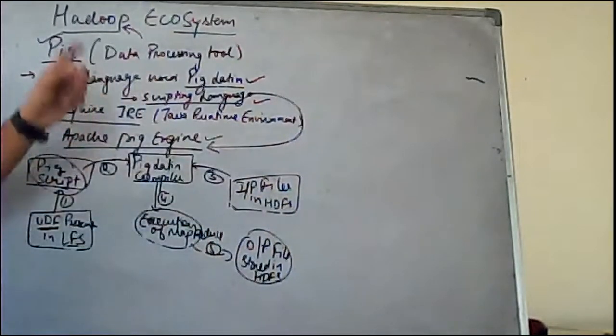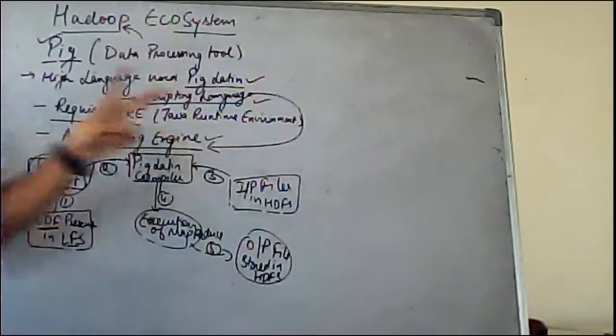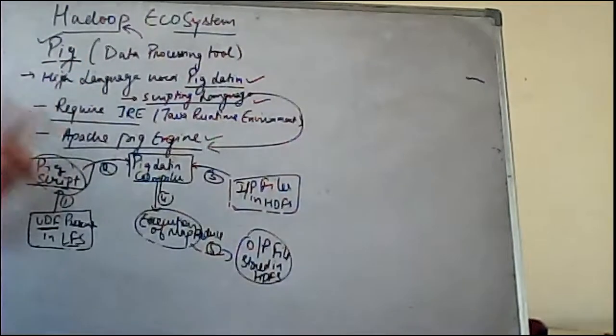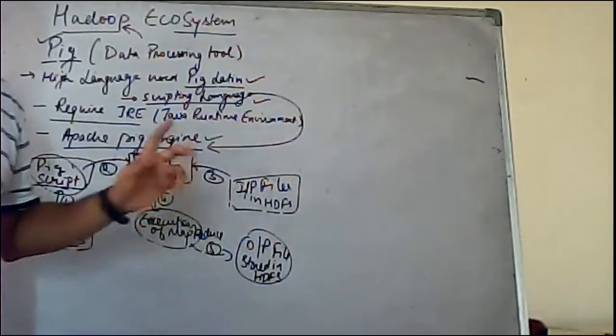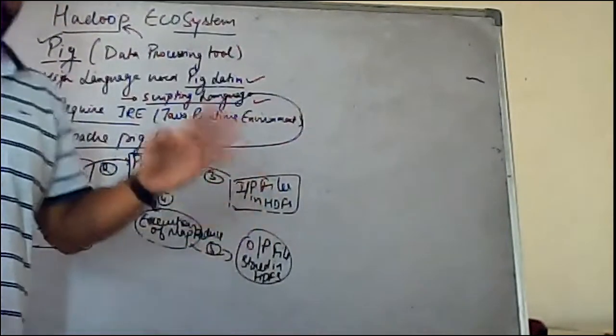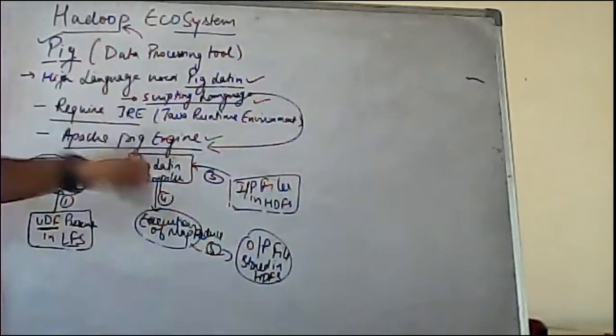And we have studied in the Hadoop file system, in the diagram that I drew, there are master and slave. Master is your name node, and slaves are your data nodes. All your actual data is stored in the data nodes, but the information is kept in the name node.